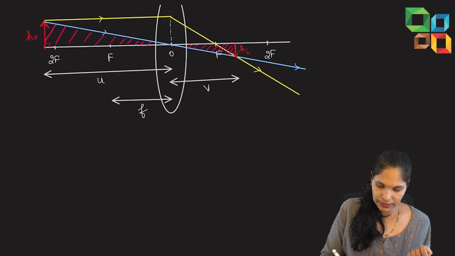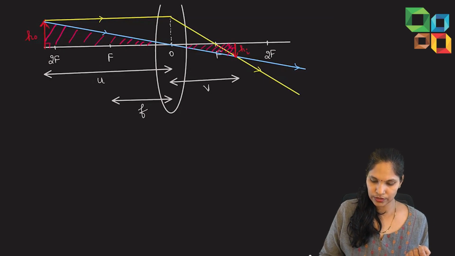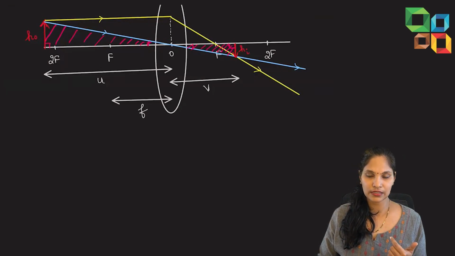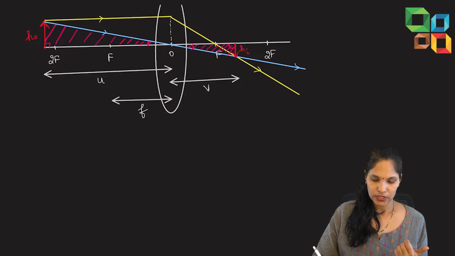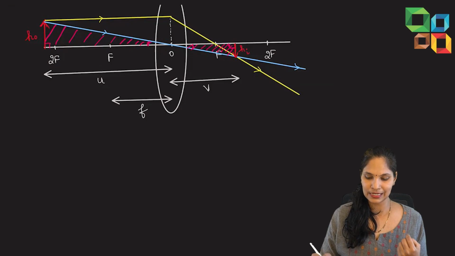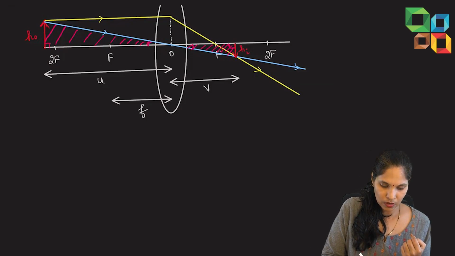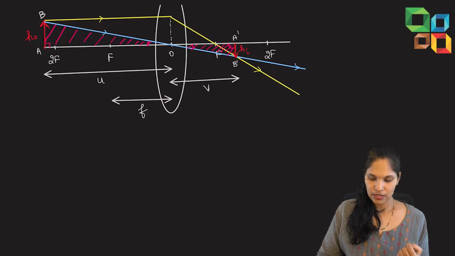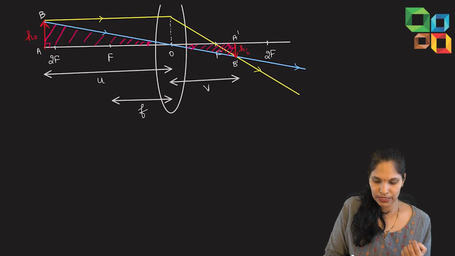The angle is 90 degrees over here and 90 degrees over here. These two being vertically opposite angles, they are equal. Can I say those two are similar triangles? Obviously, yes. So I'll call this AB and this A dash B dash. So triangle ABO is similar to triangle A dash B dash O.